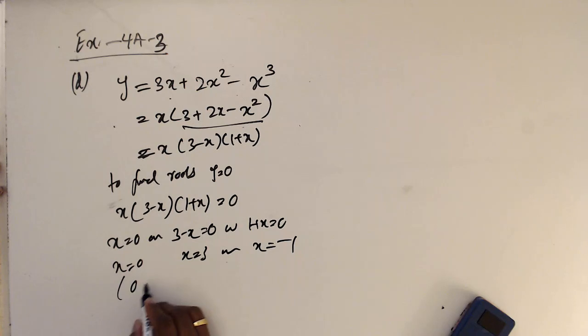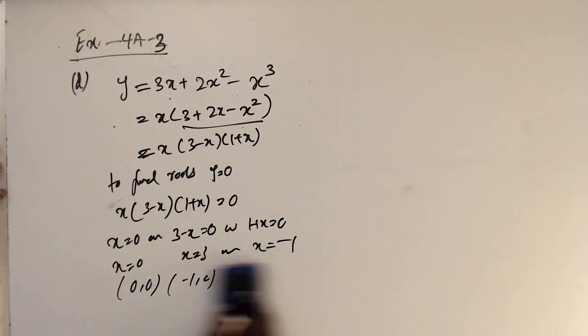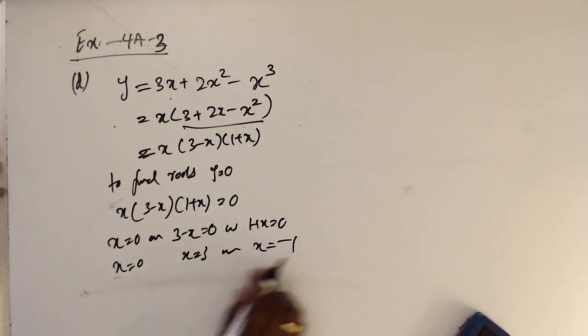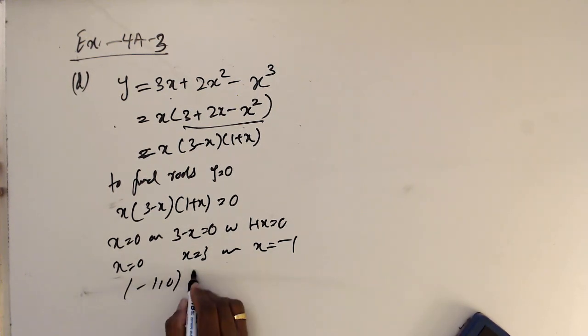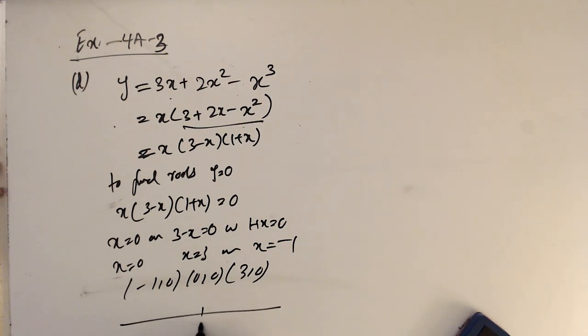So the roots are minus 1, 0, then 0, 0, and 3, 0. So we discuss 0, and this is going to be in the middle. So we are expecting this kind of graph.